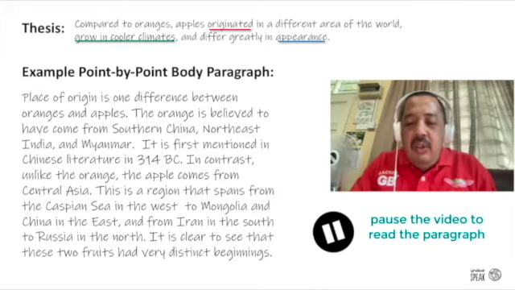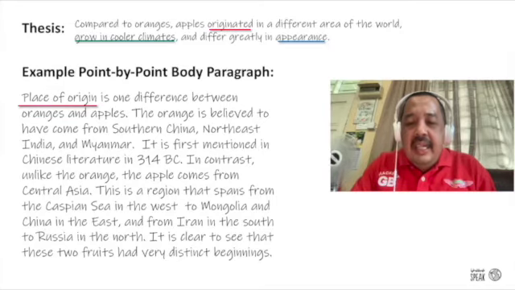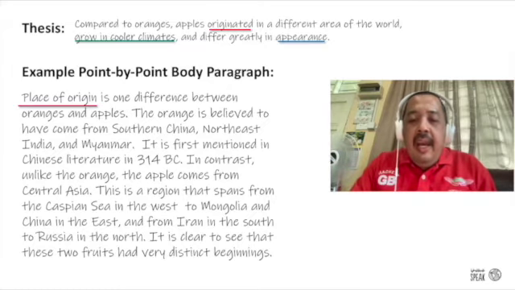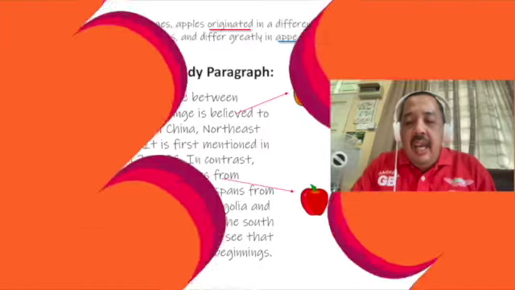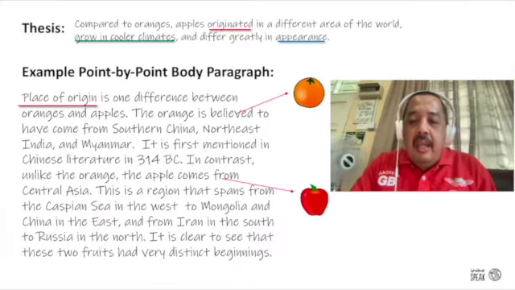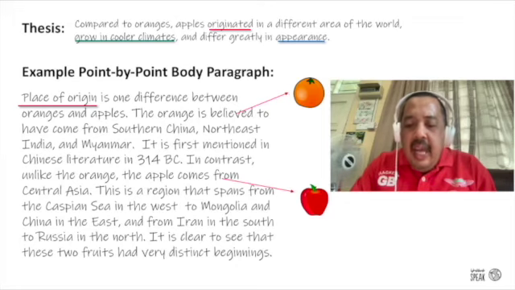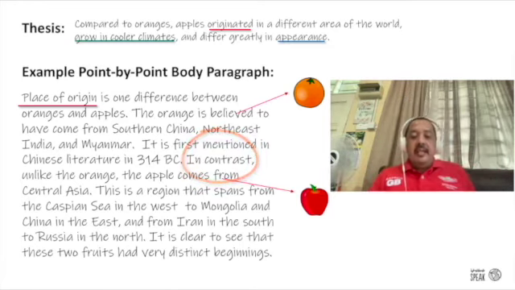Okay, great. So you can see the first sentence that I write in this body paragraph talks about place of origin. So we know the topic of this body paragraph is about the place of origin, and I talk first about the oranges, and then I talk about the apples. And then when I'm talking about the apple, you can see that I refer back to the orange, and I do that by using the transition word in contrast, which is also a great one to use when you are writing about differences.